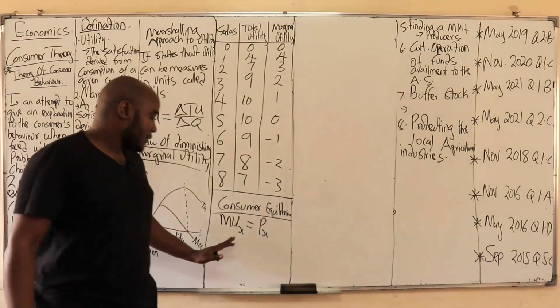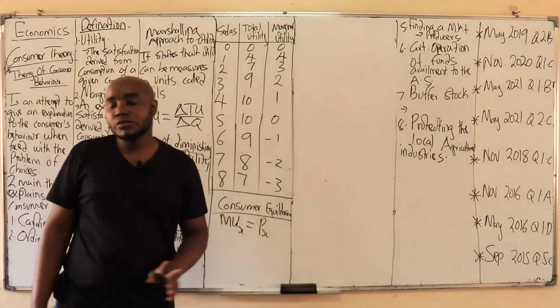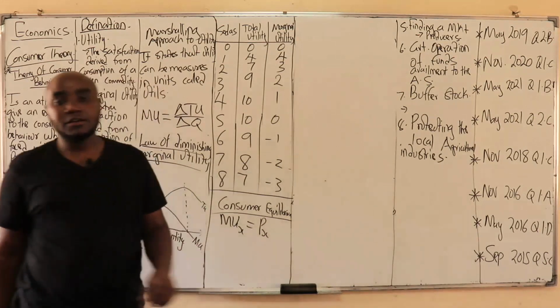You can say, for instance, marginal utility of X is equal to PX. This is at equilibrium. That's the consumer equilibrium.